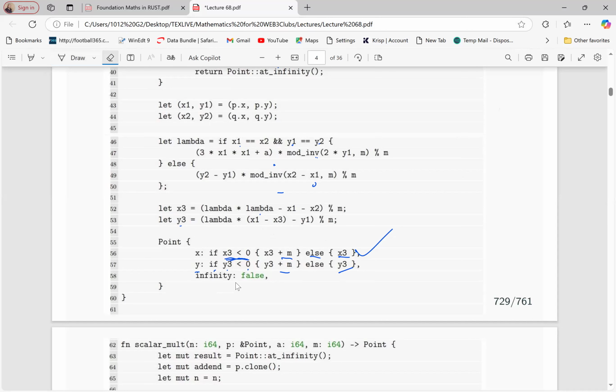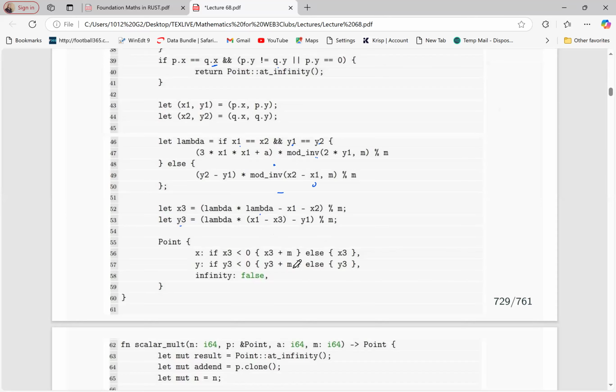So at that point, infinity will be false. What it means is, if the sum is a point at infinity, the code returns false.